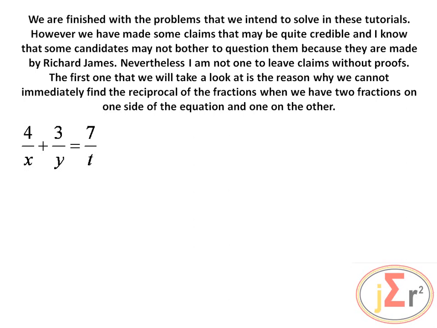And it is easier if t is a part of the numerator. So inverting or finding the reciprocal may be an objective in our mind. But we cannot do that immediately because we do not have a single fraction here. That is what I am saying. And let us see why we cannot do that.